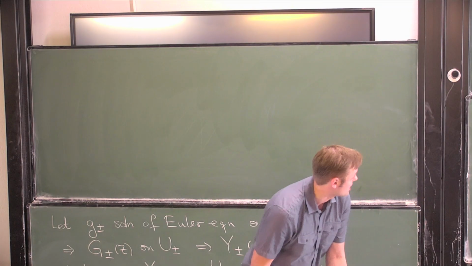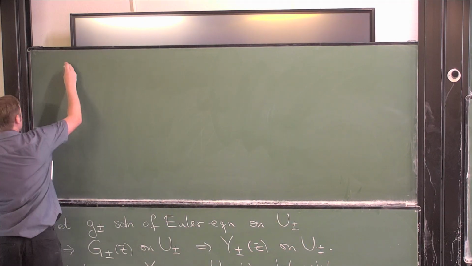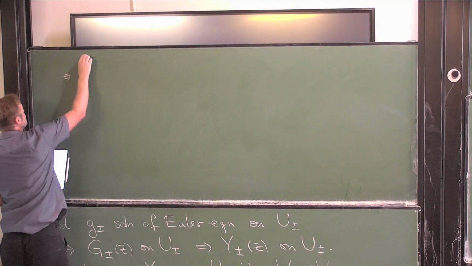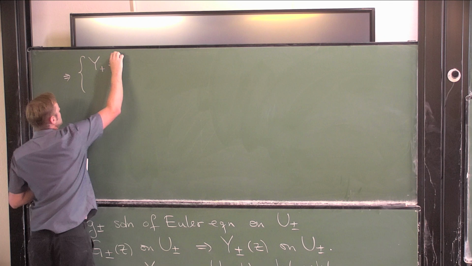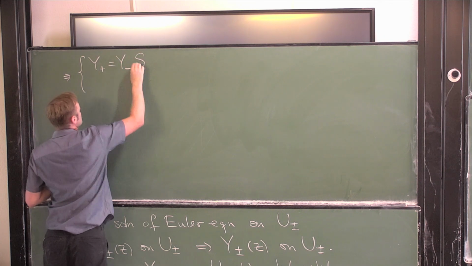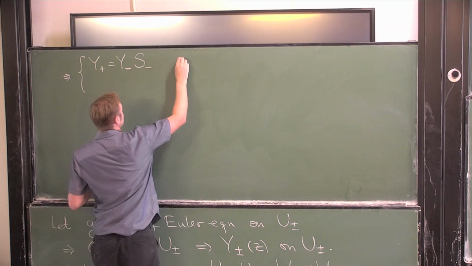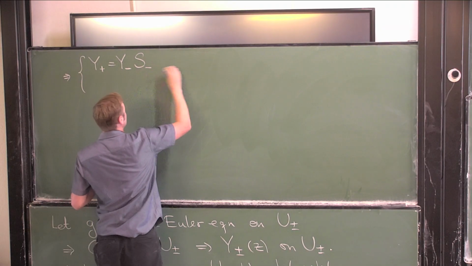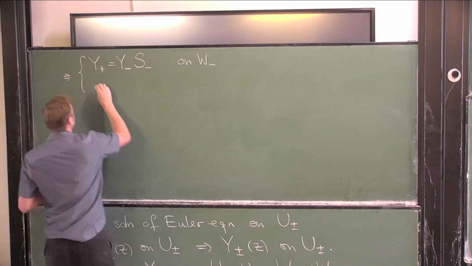These matrices are famous matrices. Another way of writing this is that y plus is the same as y minus with the S minus matrix relating them. So this is on W minus.